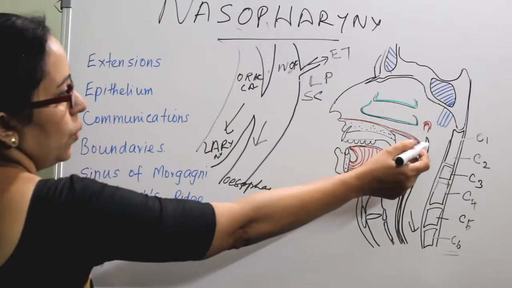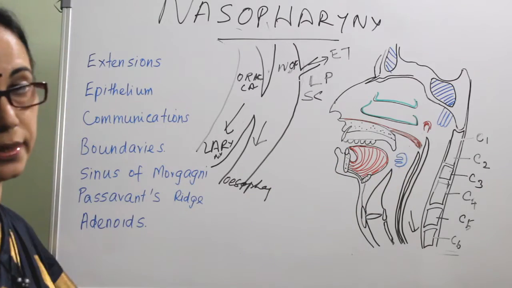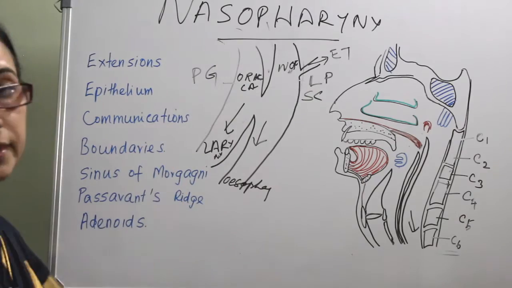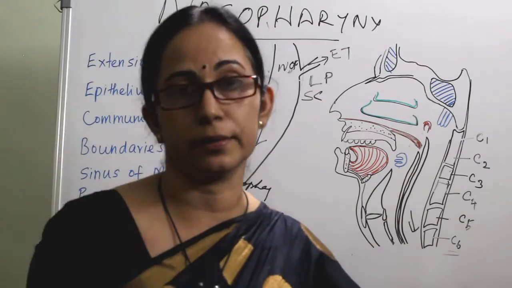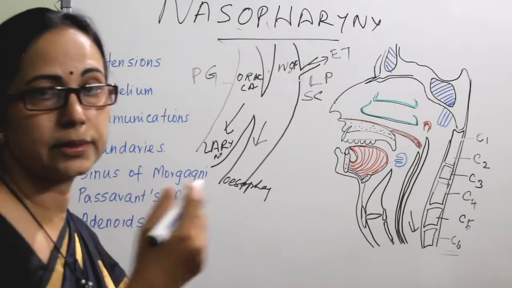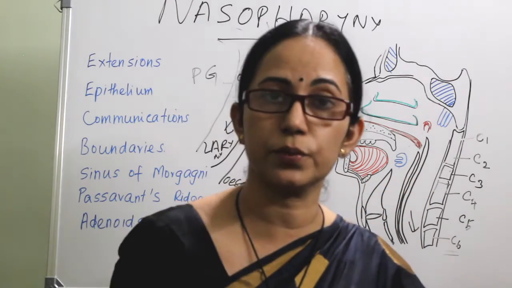And towards the oral cavity, it is the palatoglossus and the intrinsic muscles of the tongue. Tongue muscles towards this. And what is at the opening of the esophagus?